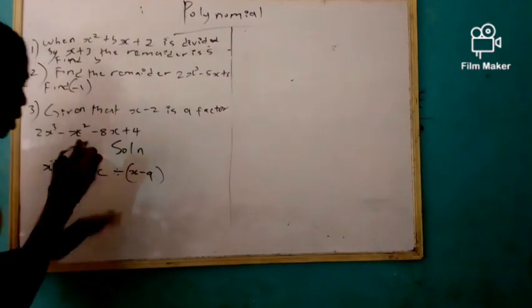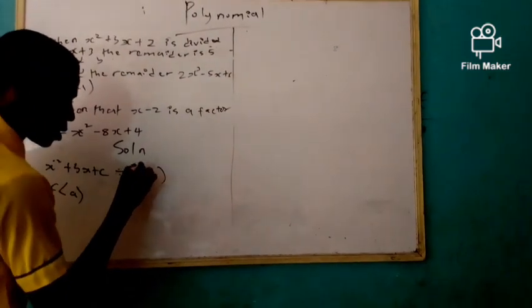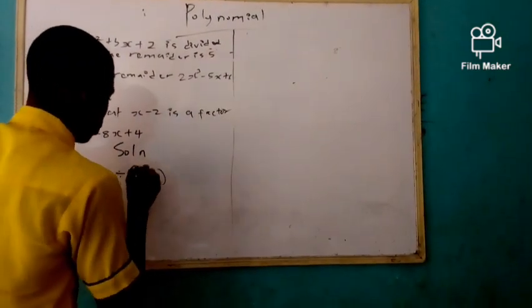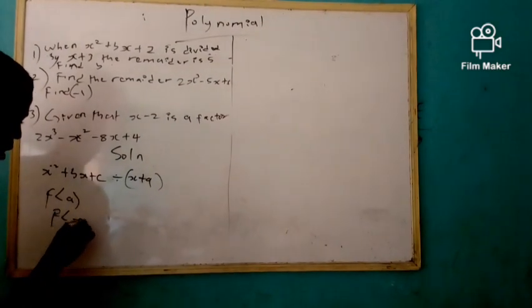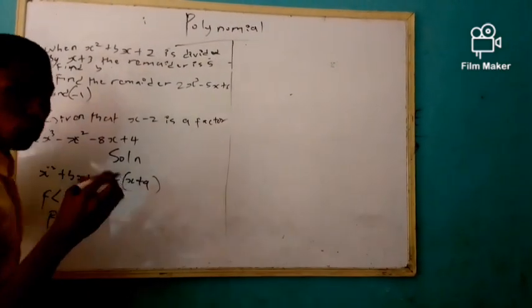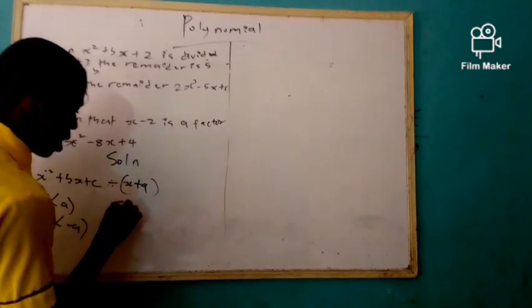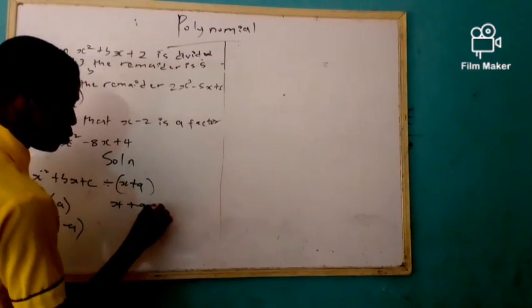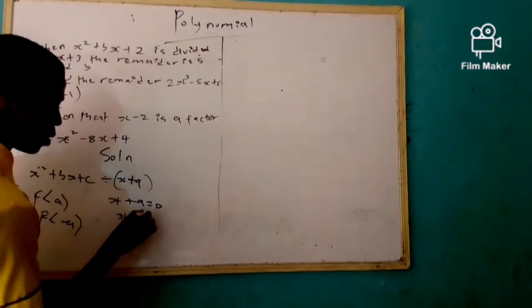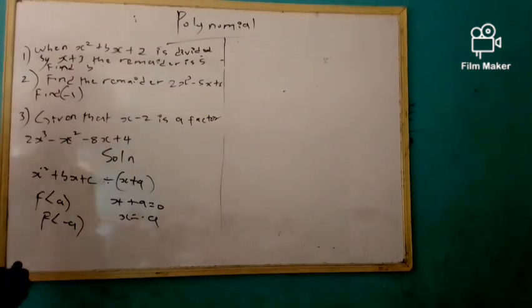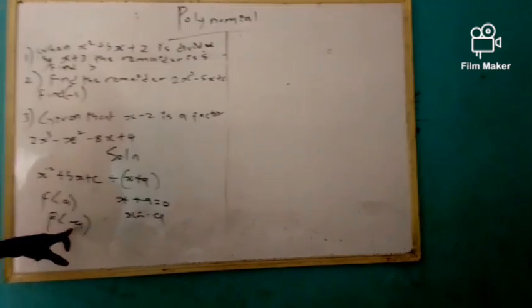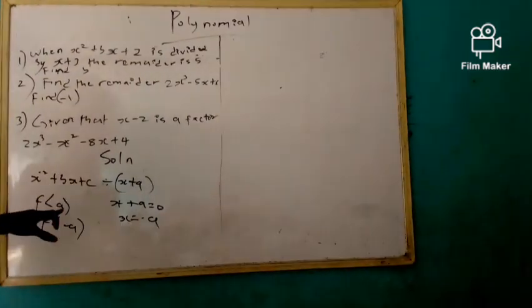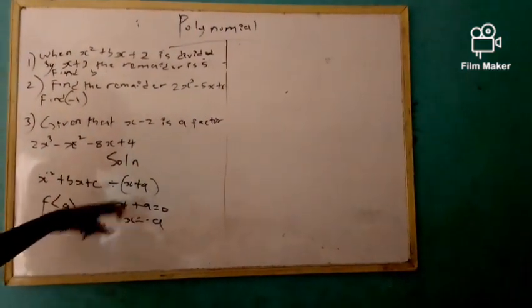If I have plus here, it will be f(-a), meaning that you just say x plus a is equal to 0, then x is equal to minus a. So if it's x plus a, the remainder will be f(-a). If it's x minus a, the remainder will be f(a). Any answer you get here is the remainder.